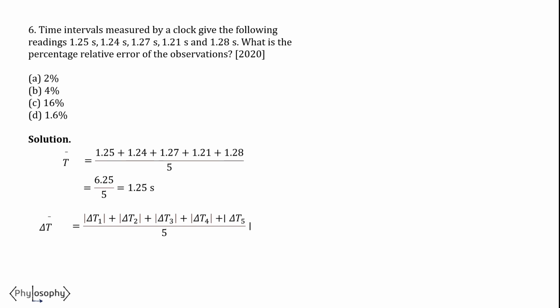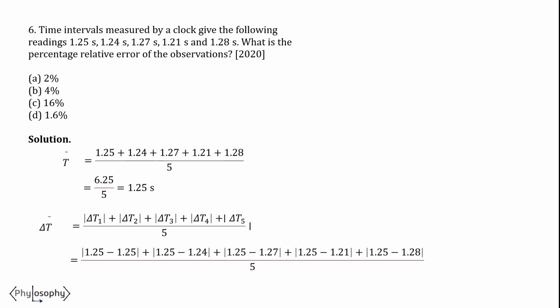Here delta t1 is given by the mean time interval minus the observed time interval. Therefore, delta t1 is 1.25 minus 1.25, whereas mod of delta t2 equals 1.25 minus 1.24.